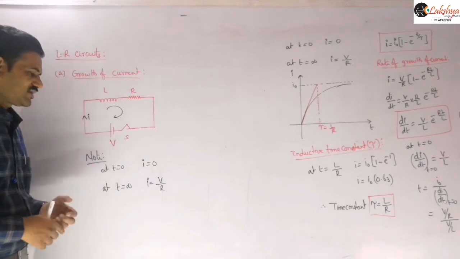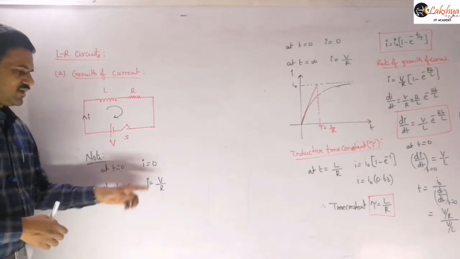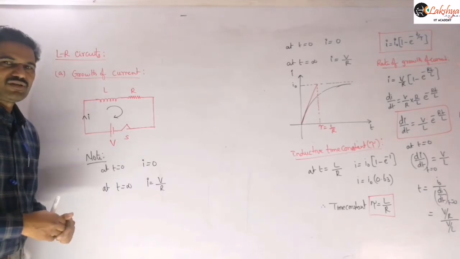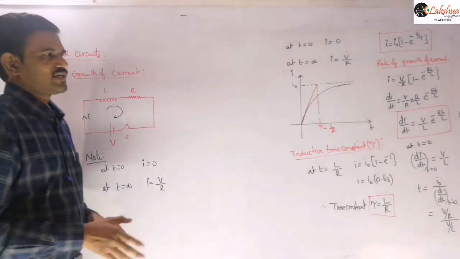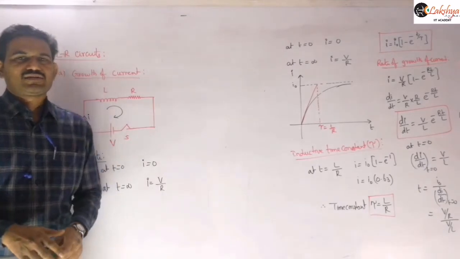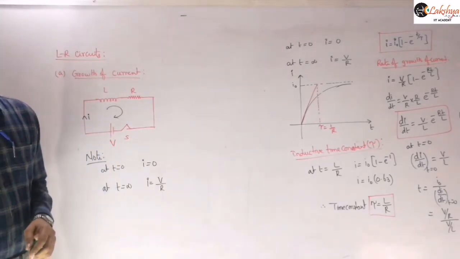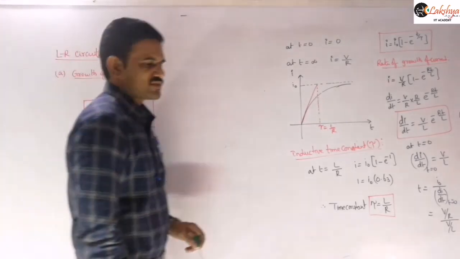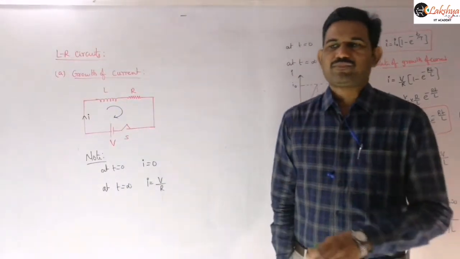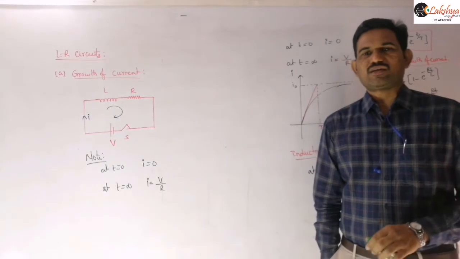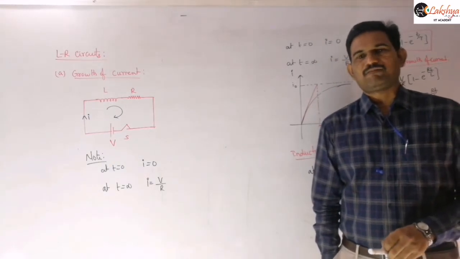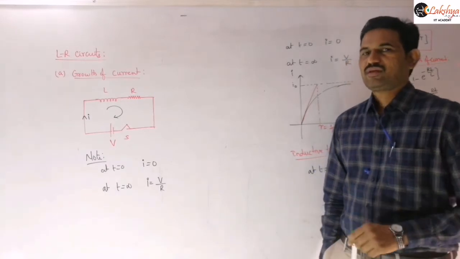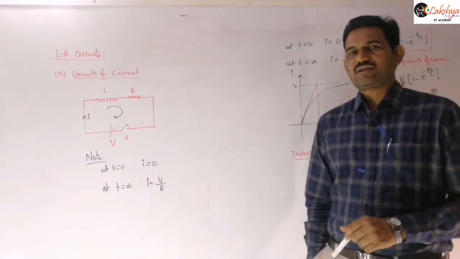So just mention that at t is equal to infinity, I is equal to V by R. That is in steady state, inductor behaves like a short circuit, just as a conducting wire.